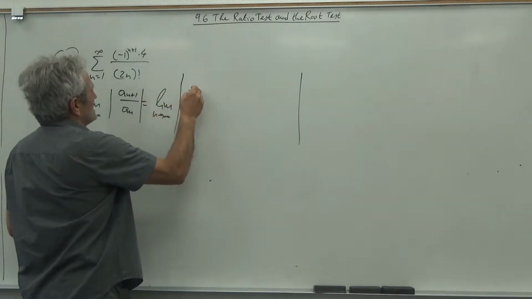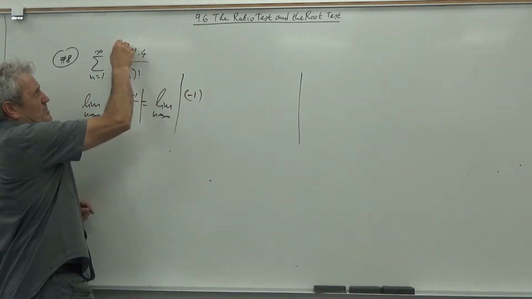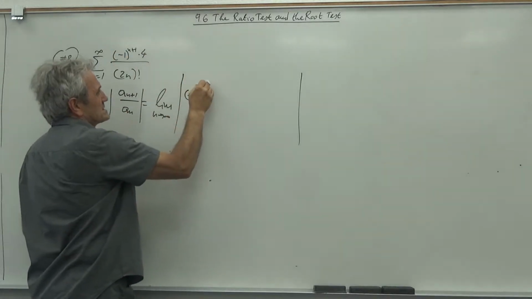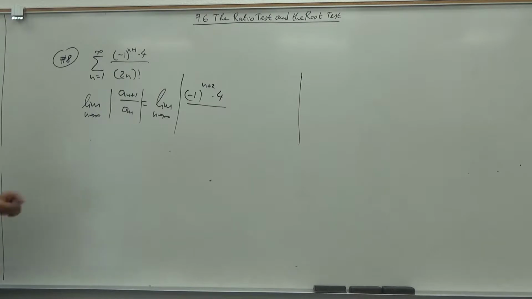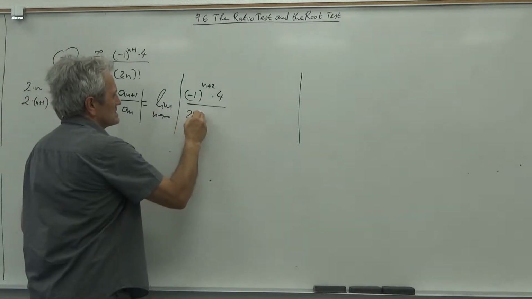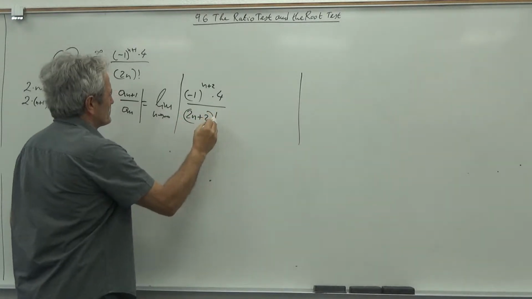So that would be negative 1. If I put n plus 1, the exponent n plus 1 becomes n plus 2, times 4. Over here, you have to be careful. It's 2 times n. So if I put n plus 1, it has to be 2 times (n plus 1), which is 2n plus 2. So it's (2n plus 2) factorial.